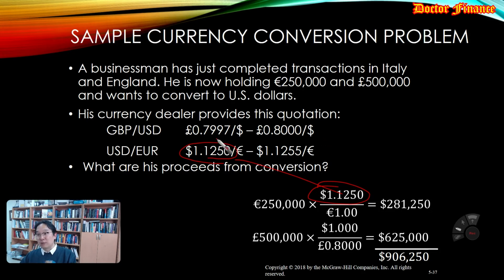And that's going to be the bid price of the British pound from the dealer's perspective. So you divide by 0.8 British pounds, and then you'll get 625,000 US dollars. So aggregating these two, you get 906,250 US dollars. That's what you will get.